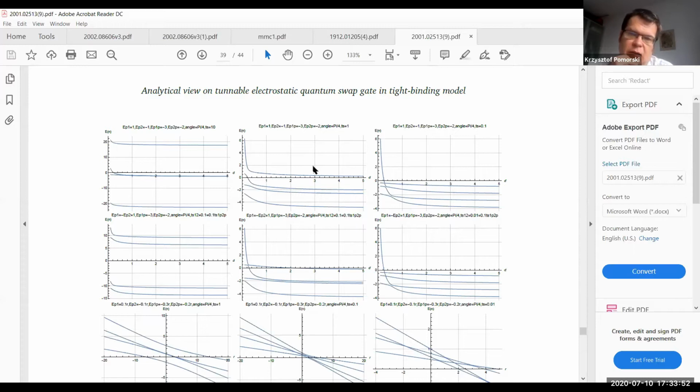This is essential since we might wish to set a certain difference between energies that are of particular interest from the point of view of quantum logic.